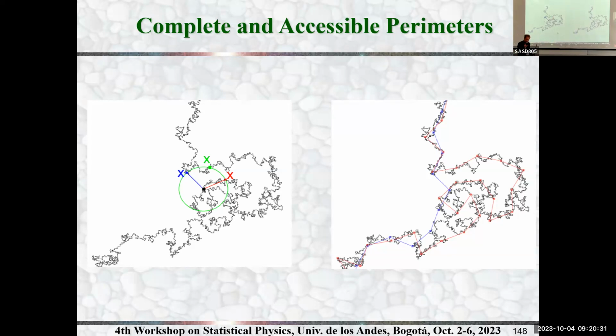You take a stick of a certain length and approximate your path with this stick. You count how many sticks you need, and then you plot the number of sticks as a function of the inverse size of the stick. You get a straight line, and this gives the fractal dimension. This is like all these calculations of fractal dimension, a simple thing. This is the so-called complete perimeter.